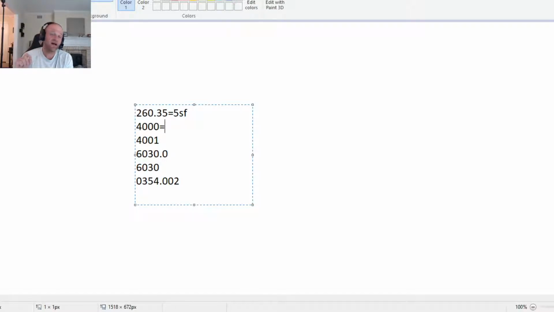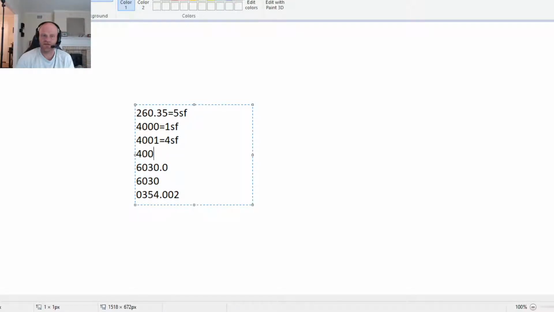But if there's not a decimal, then only the whole numbers are significant. So in this number, I only have one significant figure, and it's that 4 there. Now I did 4001, so I could illustrate. This would have 4 sig figs because that 1 makes the other zeros in the 4001 significant.